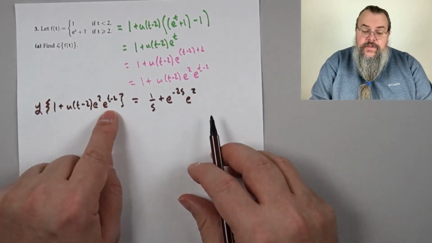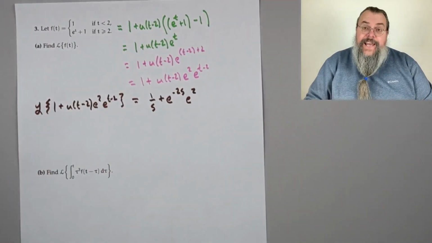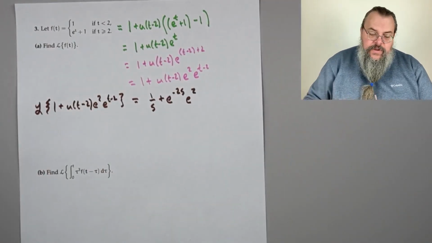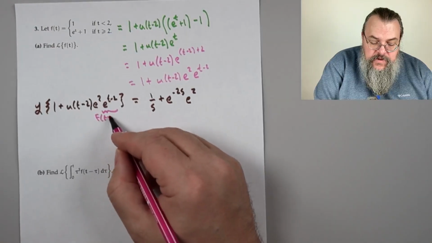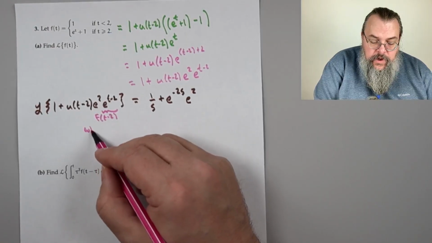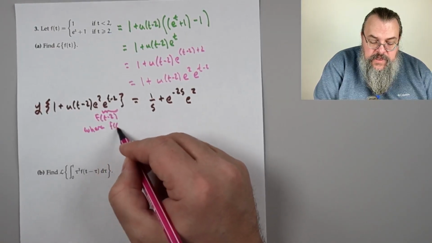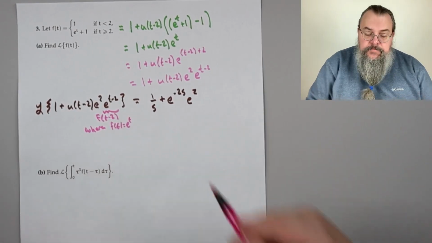Now, this is e^(t-2). That is our f(t-2), where f(t) is e^t.